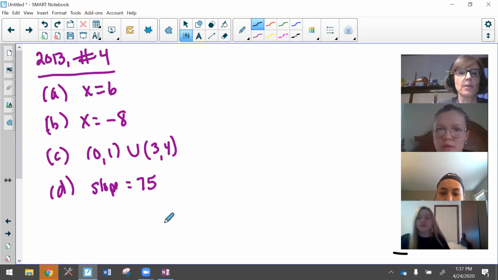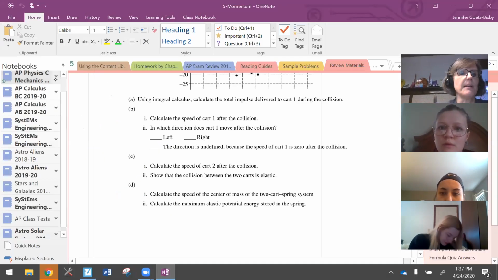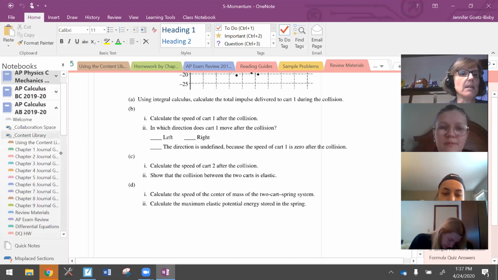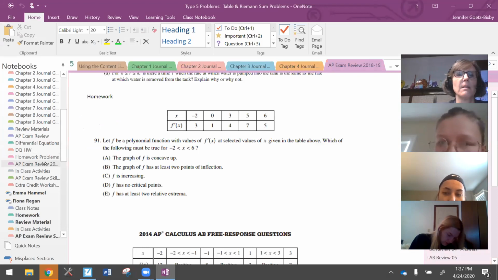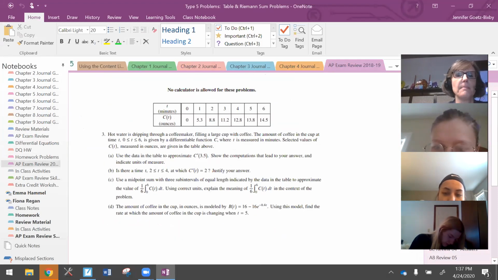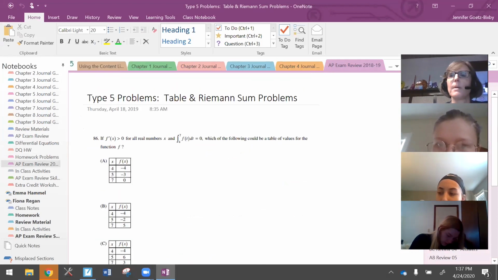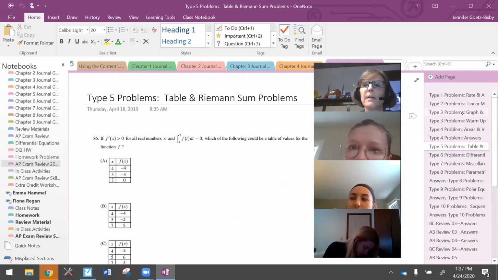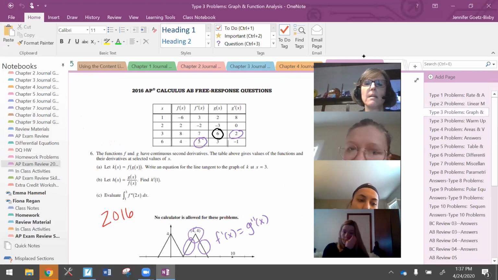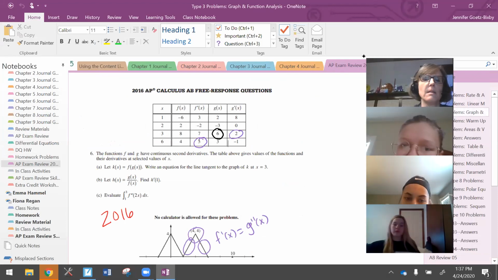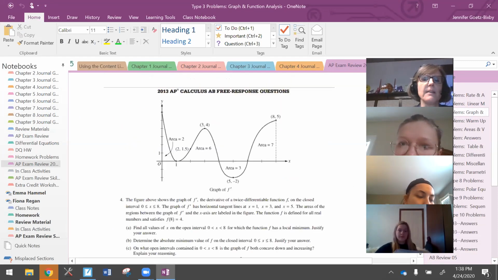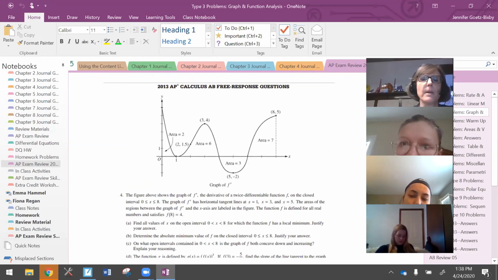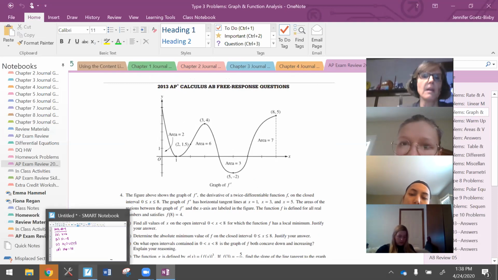Just so that we're making sure that we're all on the same thing here, we are here, and we're working on this one with the swoopiness.